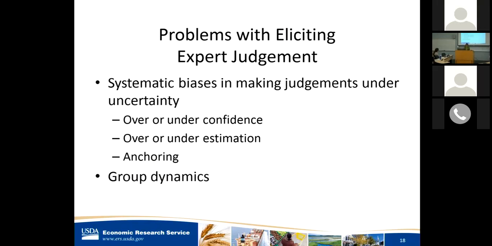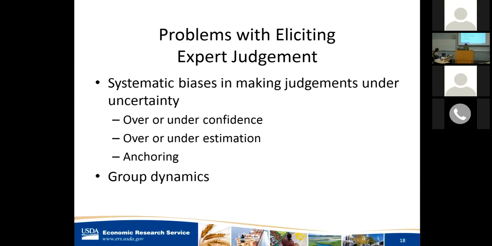They may also have a tendency to overestimate or underestimate what risks are. There's a persistent kind of problem across all of us in anchoring on recent information or salient information. So these are patterns in human judgment and decision making that are seen in the psychology literature.